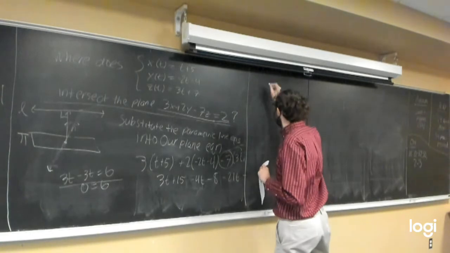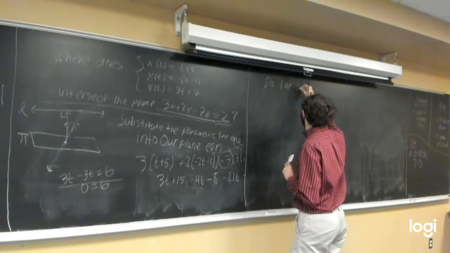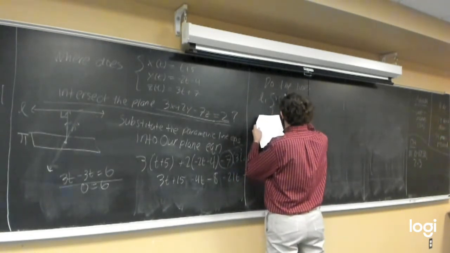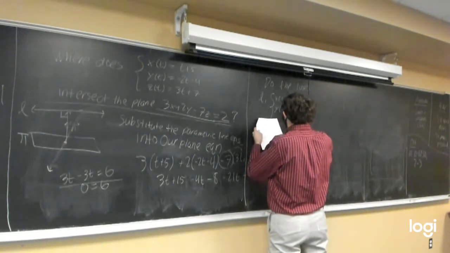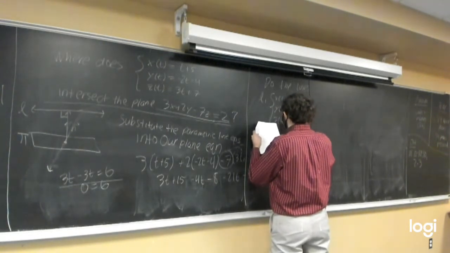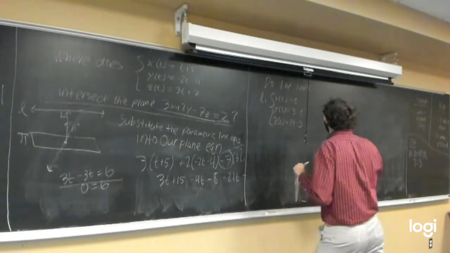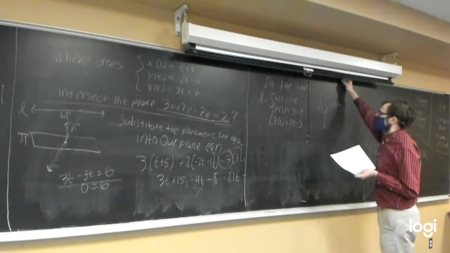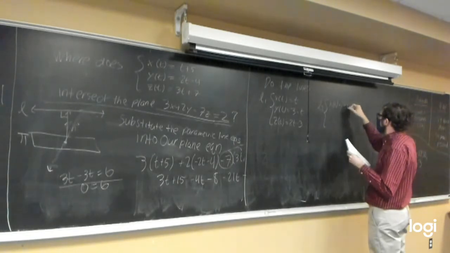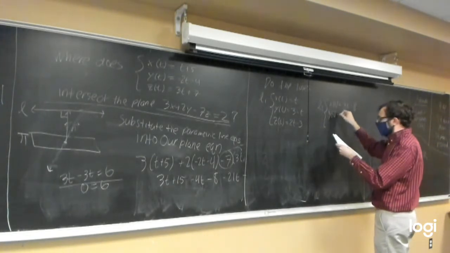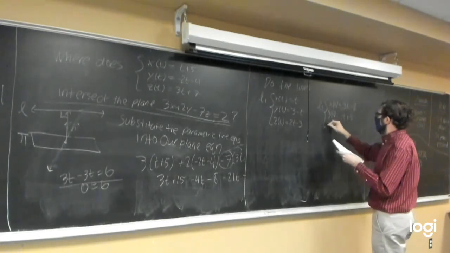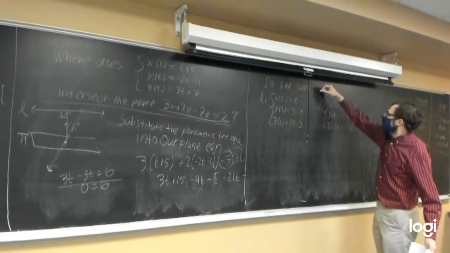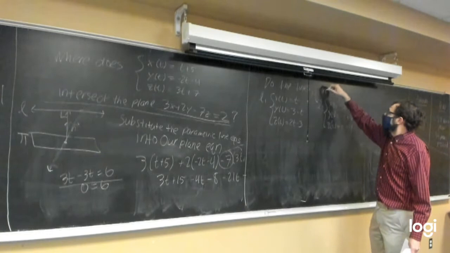And so the next question up is, do the lines L1, which is given by equations x of t equals t, y of t equals 3 minus t, z of t equals 2t minus 3, and the line L2, whose equations are x of t equals 3t minus 8, y of t equals negative t plus 5, and z of t equals t minus 4. Do these lines intersect at all?